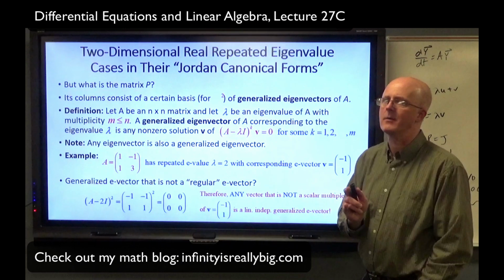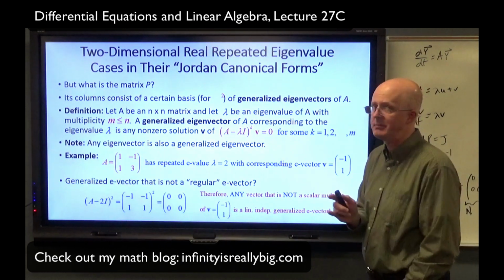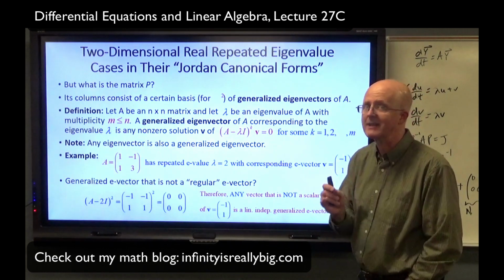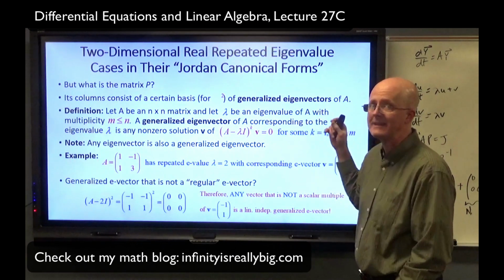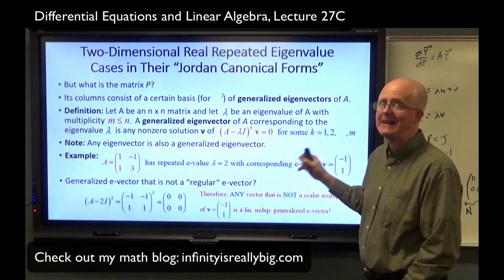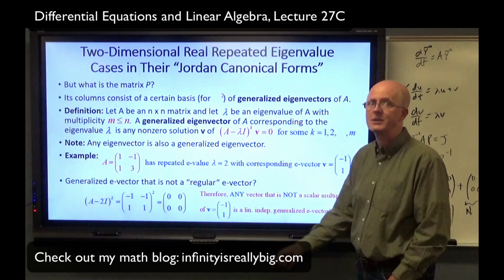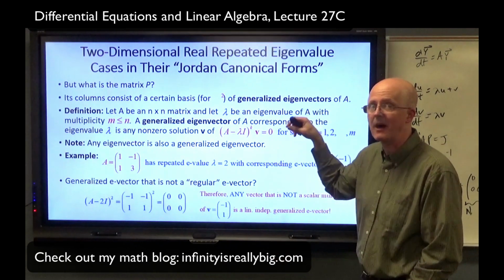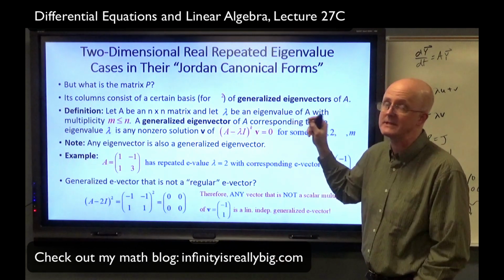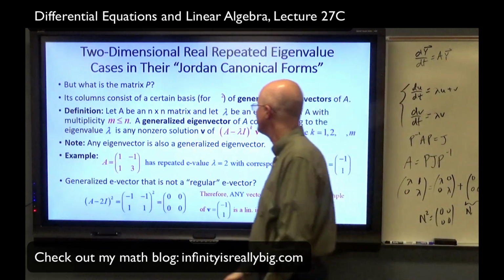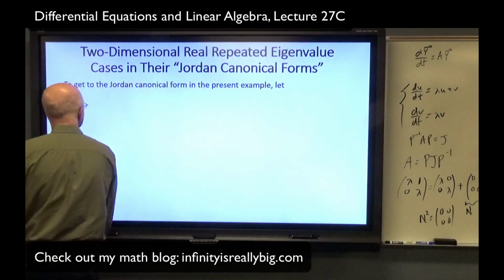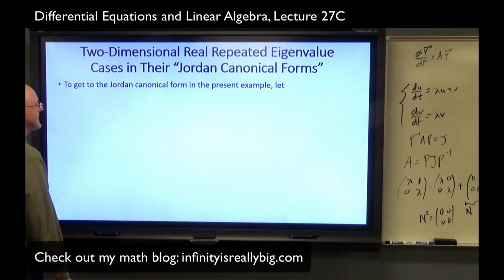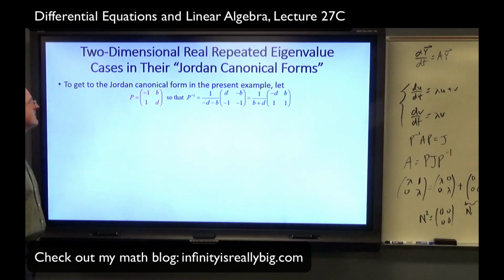Still not the end of the story, though. Not just any old P will work. If we want Jordan canonical form with a 1 in the upper right entry, any such other vector will generate a matrix P that might give us something other than 1 in the upper right corner, but it won't be 0. To get to the Jordan canonical form in the present example, let P be of this form.